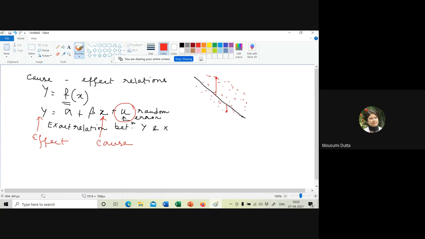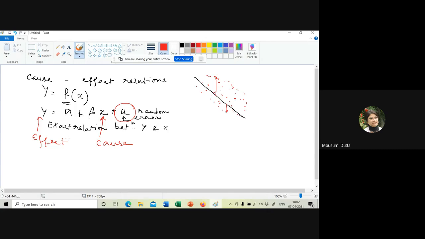If it is production of potato depending on fertilizer, yes, it is cause and effect kind of relationship. However, when you are considering growth and happiness kind of situation, you do not know which one is cause and which one is effect.